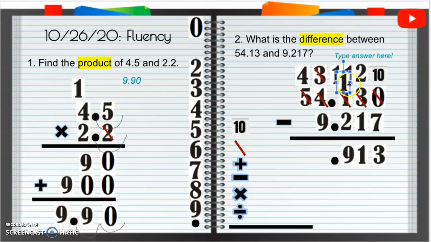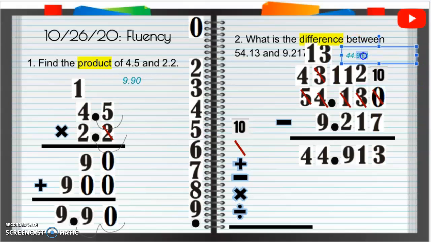Then 13 minus 9 is going to be 4. And then 4 minus 0 is going to be 4. And then our answer is simply 44 and 913 thousandths.